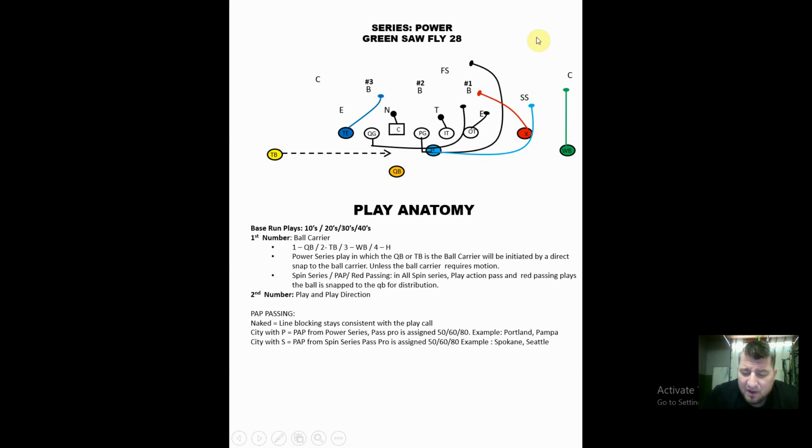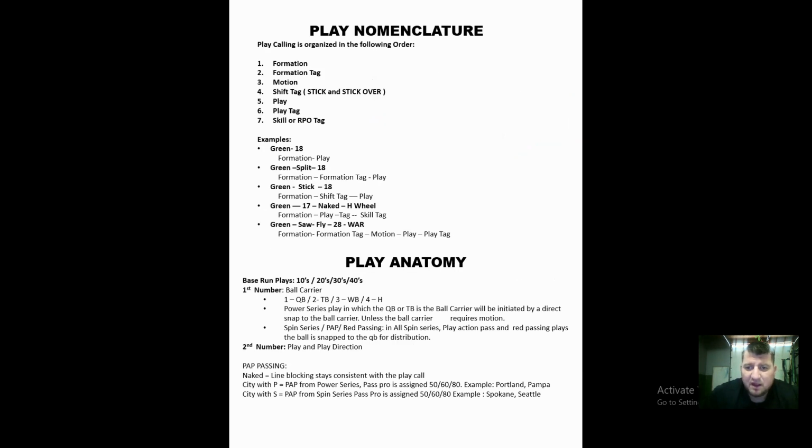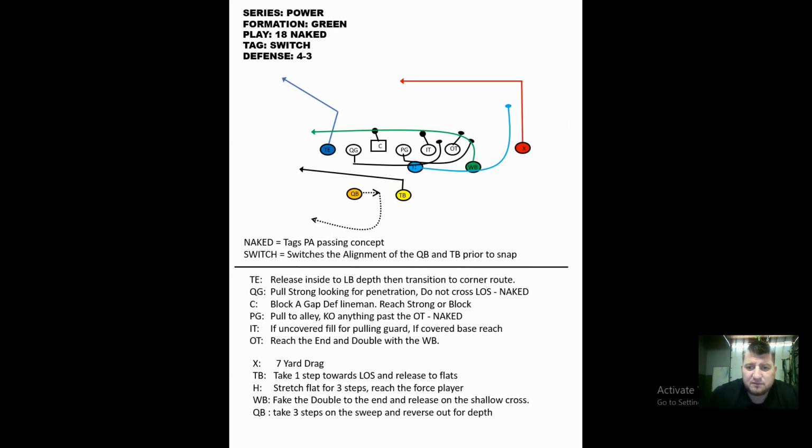Next portion of play anatomy would be our play action passing. Any type of naked, here's the example: green 18 naked switch. So our play designation area is 18 naked.